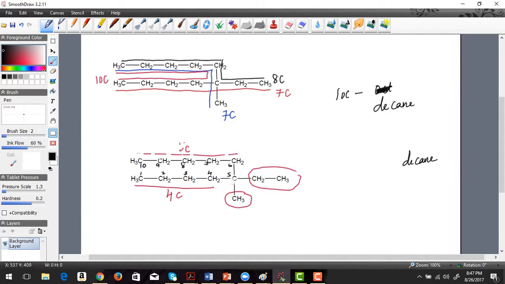And we know this right here is an ethyl group and this right here is a methyl group, right? Good. So that means E takes precedence over M, and it's all on the same 5th carbon, so 5-ethyl-5-methyldecane. That's our name.